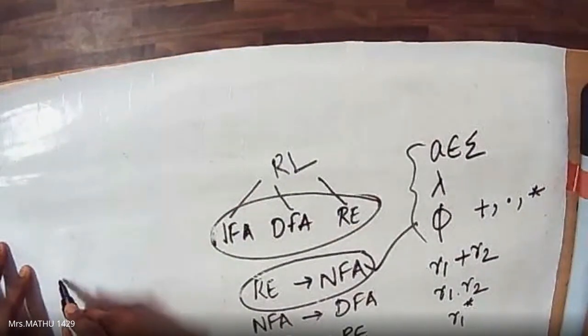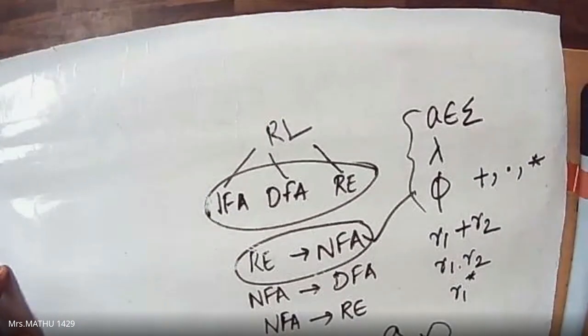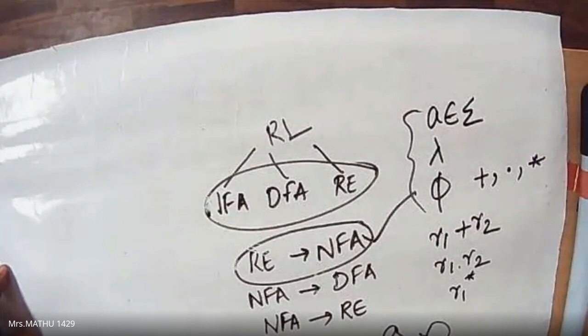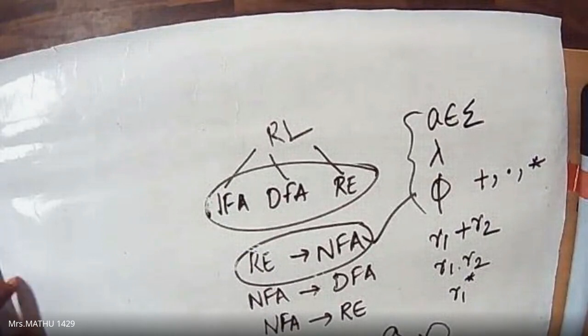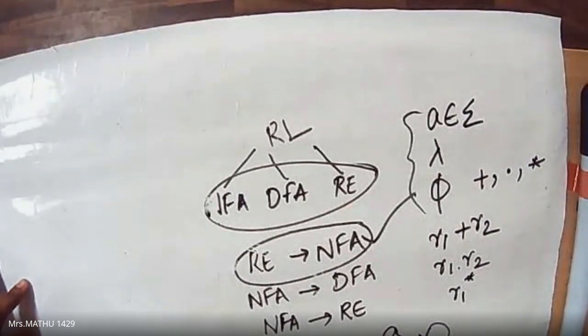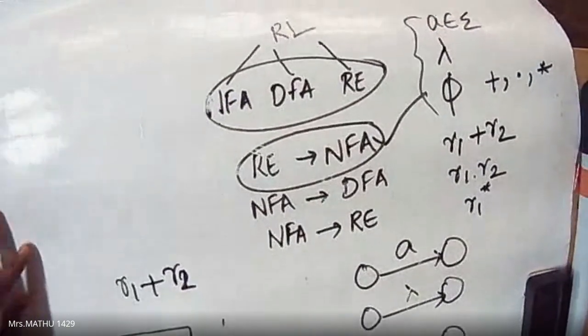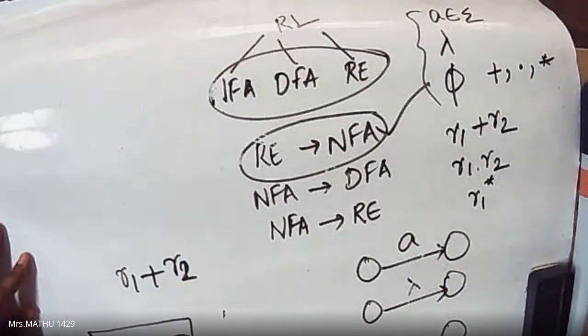Okay, so we have seen for R1 plus R2. That is, so we can draw a machine for R1, okay, but that will not be the final state, and we will draw it for Is it visible, ma? Is it visible what I'm drawing?